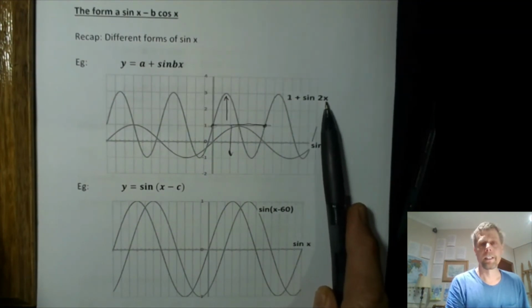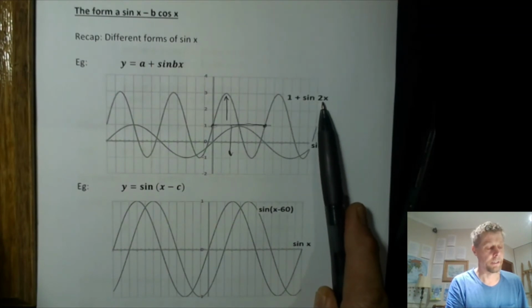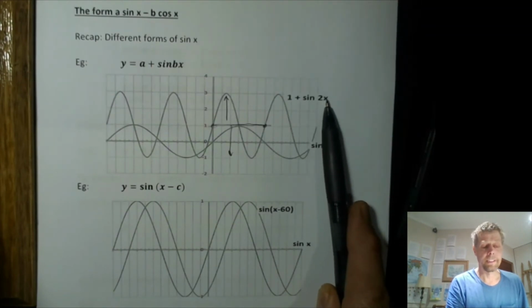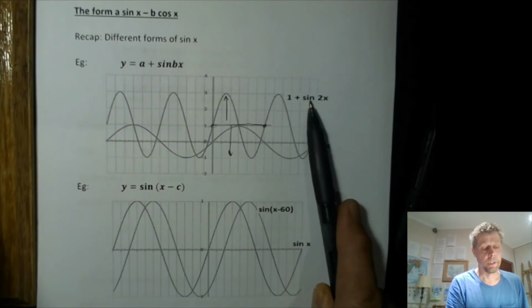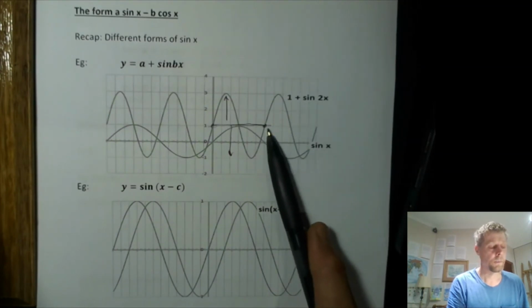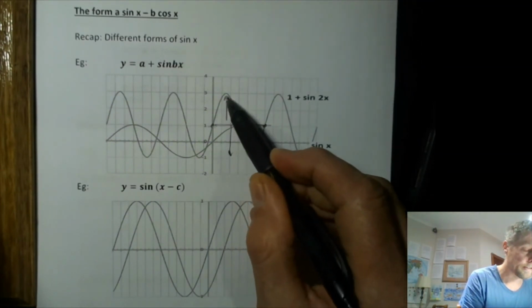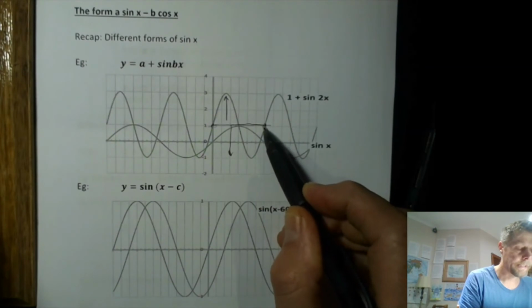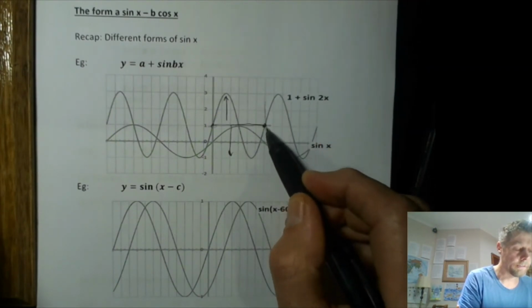But what about the sine 2x? What does that mean? Well, it means that when x is 180 degrees, you're going to be taking the sine of 2 times 180, which is 360 degrees. So you would have completed a full cycle within 180 degrees. You can see here, within pi radians, 180 degrees, you've got a full cycle already.